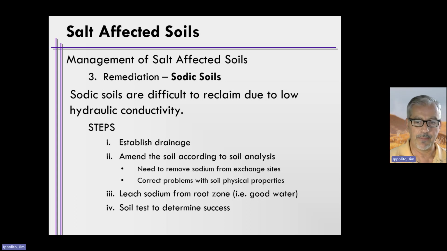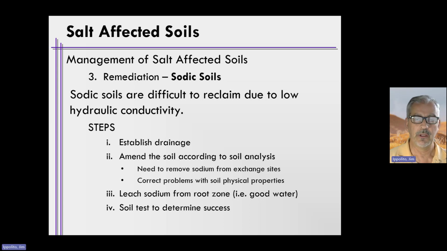And the second step is you need to amend the soil according to a soil analysis. You can get this from a soil testing lab, but here is the kicker with a sodic soil. When a soil is affected by sodium, there is sodium on the exchange sites, which is causing the soils to disperse. And we need to remove sodium from the exchange sites.